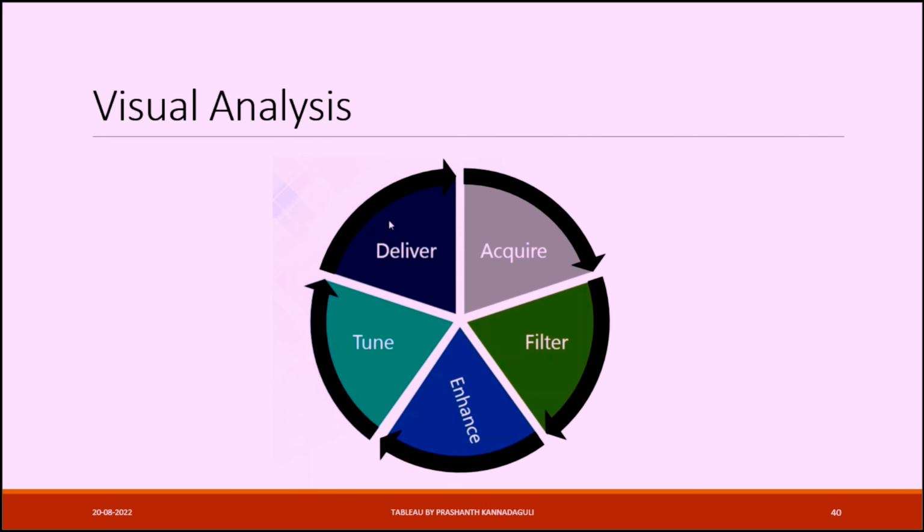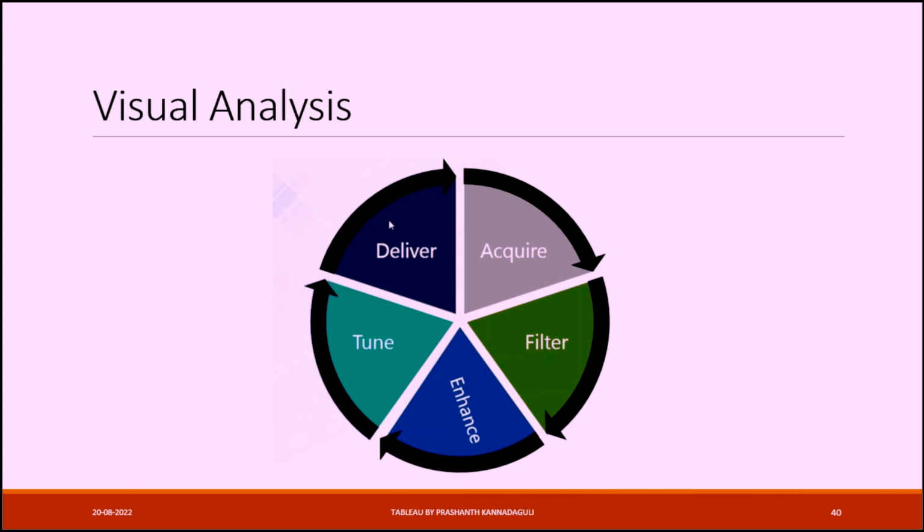I already showed you one slide earlier. Now these are the steps to be followed whenever you are using this particular tool. We start with the acquire part. As we already know, acquire is the collection of your data.